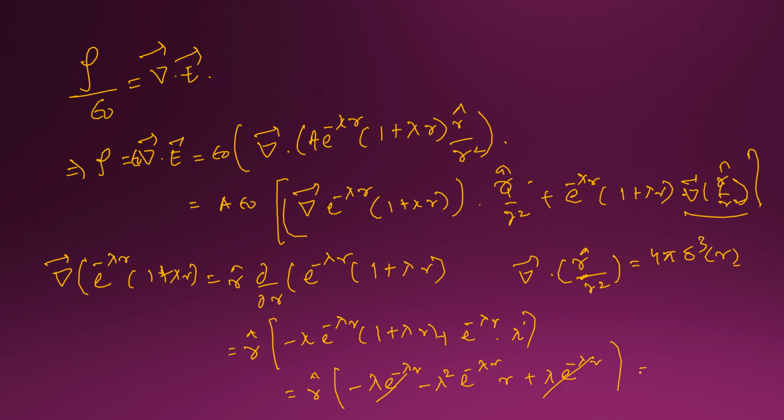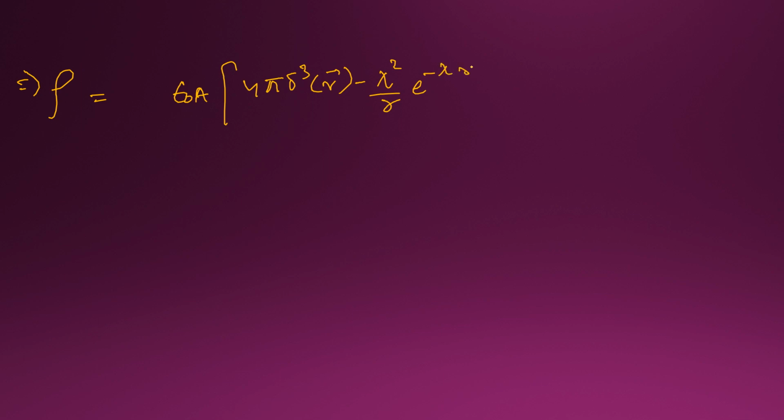This is it: minus λ² equal to minus λ r into the exponential. So we just have to put everything here. So ρ will be ε₀ A, if you put everything, 4π delta of r minus λ² by r. Alright.